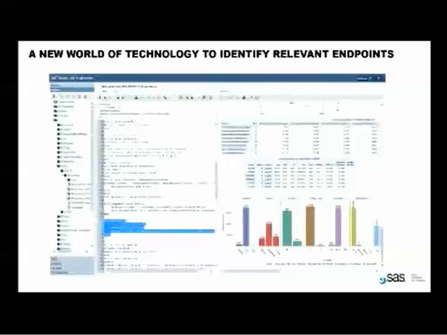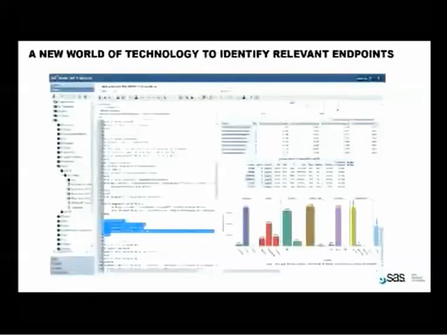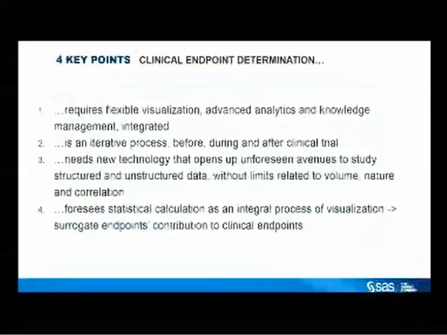So what the clinician sees can be handed over to the statistical programmer and the statistician, and identify those relevant endpoints. And I think that's really visualization combined with analytics, visual analytics.